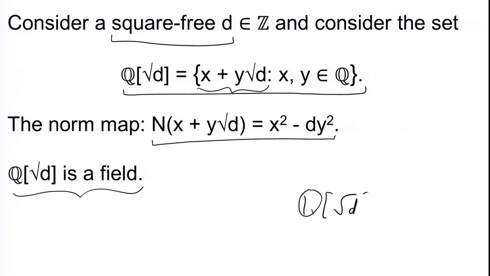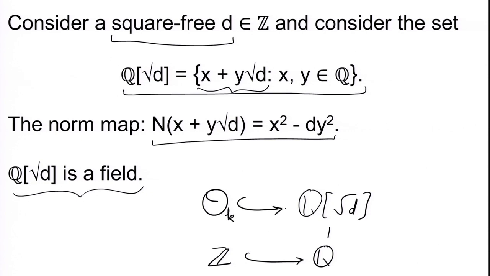If you look at Q root D, this is something like Q and we have Z sitting here inside Q. Then there is a ring called OK which is sitting here where you call this field to be K, and we have this kind of what is called a commutative diagram. It is also a nice diagram in the sense that the intersection of these two OK and Q is precisely Z.